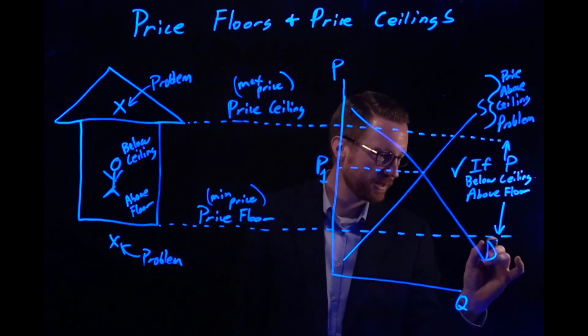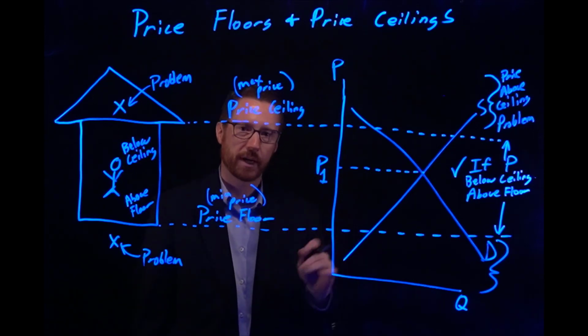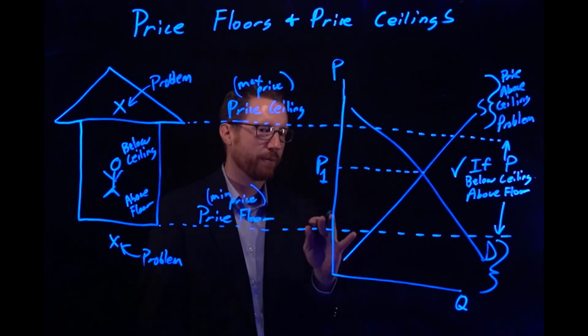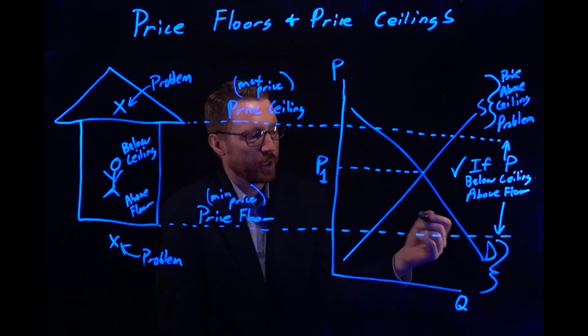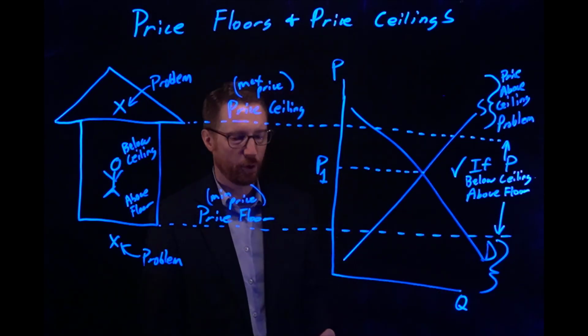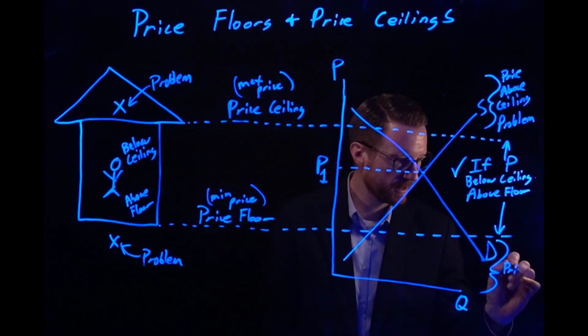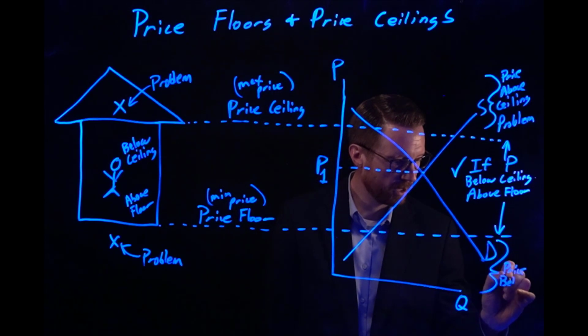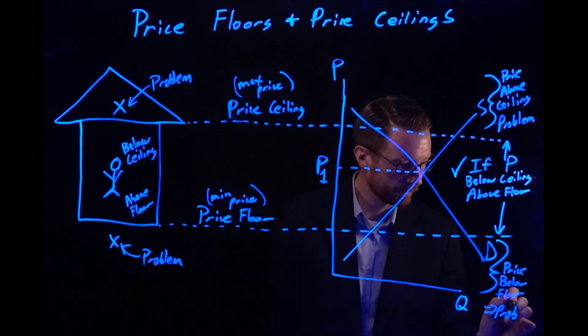Same thing over here. We've got a problem. And if price should be, according to markets and allowing flexible prices, if the equilibrium price should be below the floor, then we've got a problem. So if price is below the floor, then we have a problem.